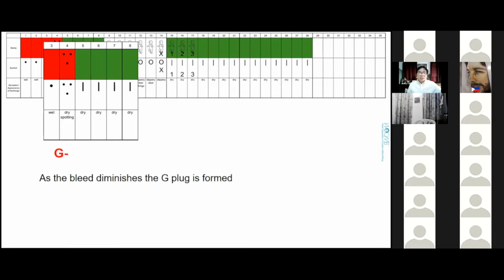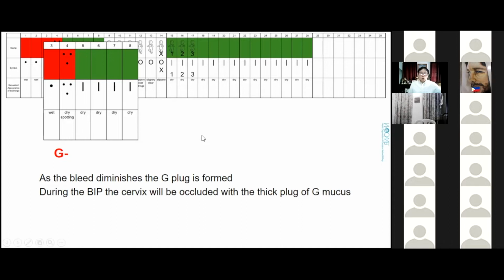And the description of the 4th day is what? Dry spotting, the beginning of the BIP. During the BIP, the cervix will be occluded with the thick plug of the G mucus, or mucus plug. So the guard mucus, you have the arrow there.